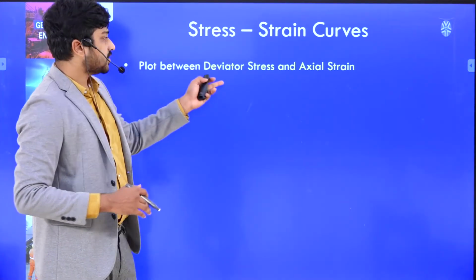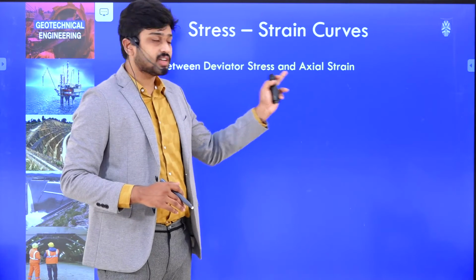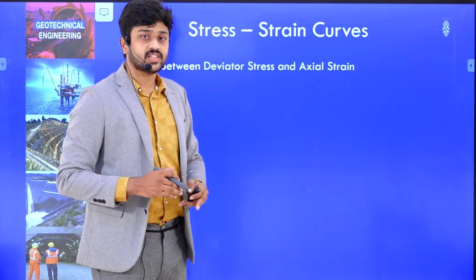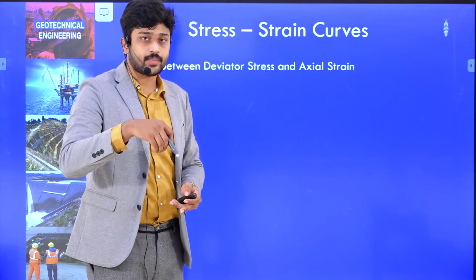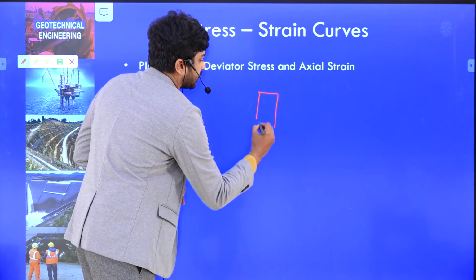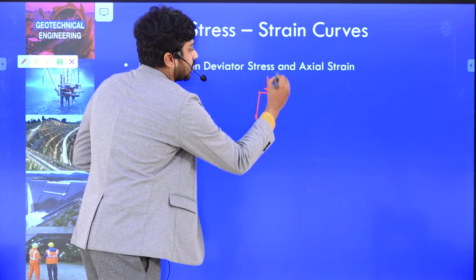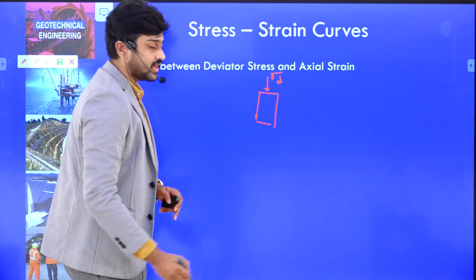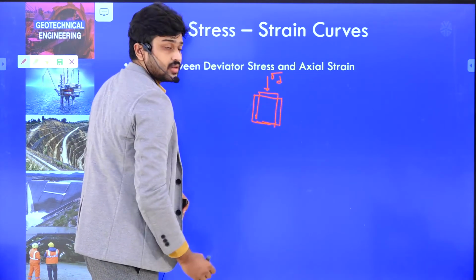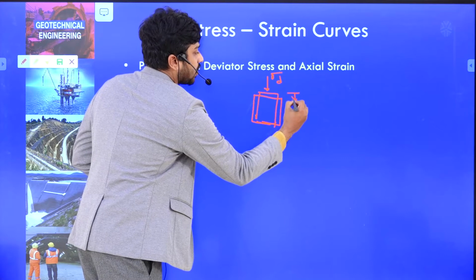As I've stated, we need to evaluate the deviator stress, and using the vertical displacement we need to find out the axial strain. That means axial load is applied. If this is a sample, axial load sigma d is applied, and after a certain time it comes down in this manner, which means there is a small deformation.